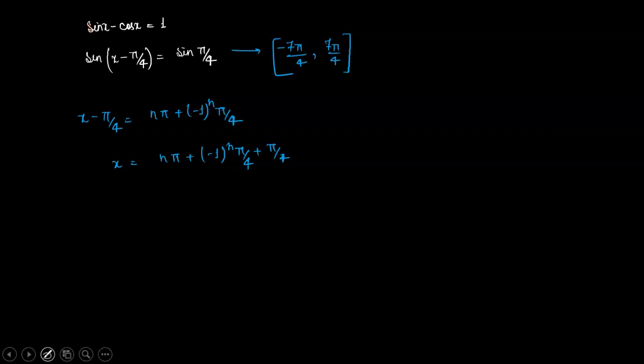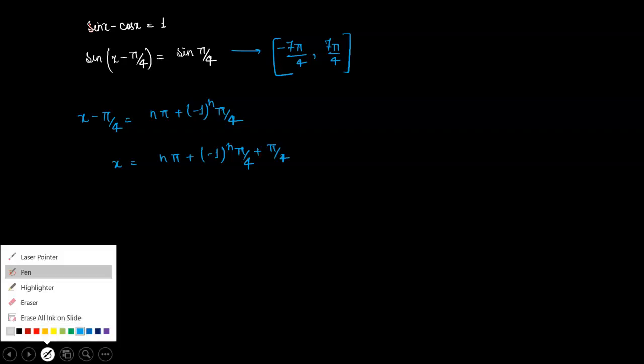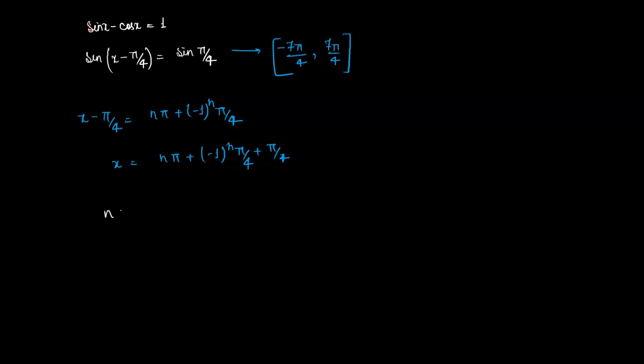Okay, so let us check for n is equal to 0. x will have pi by 2, which will come under the interval, so it will be considered.